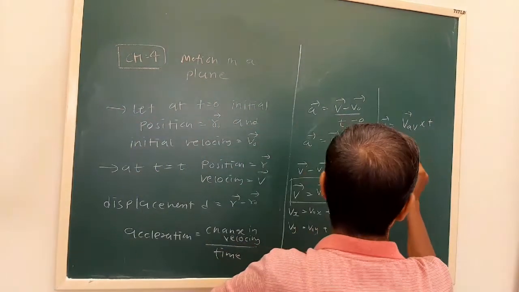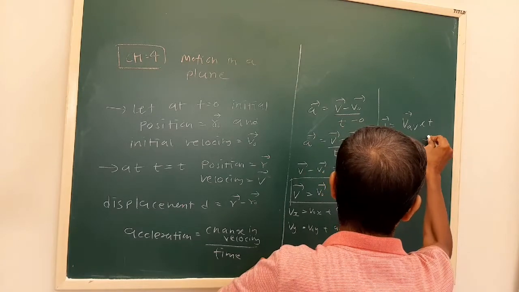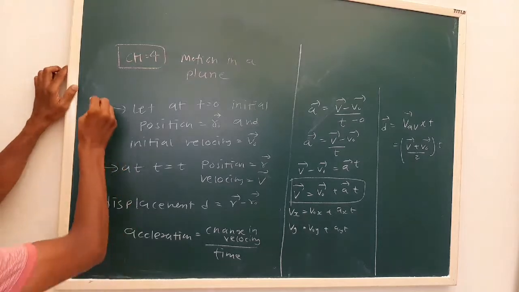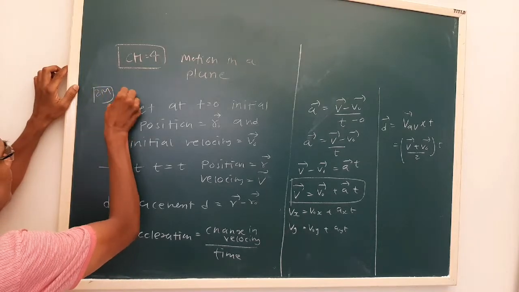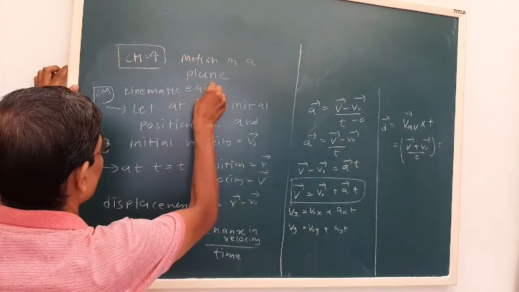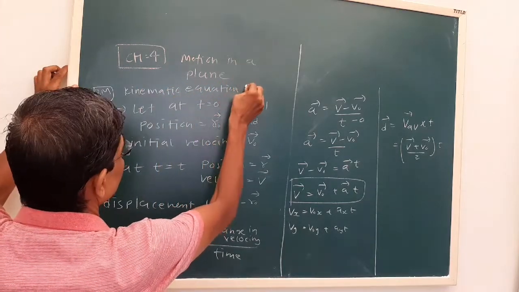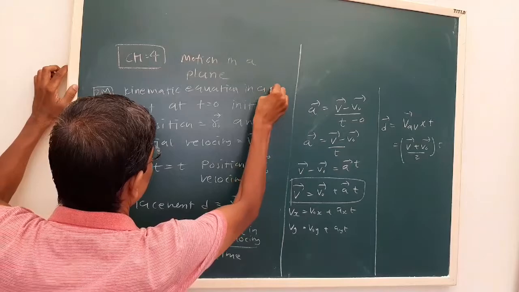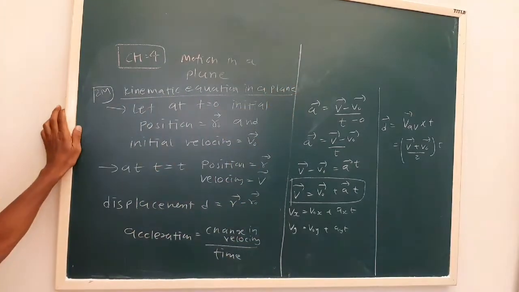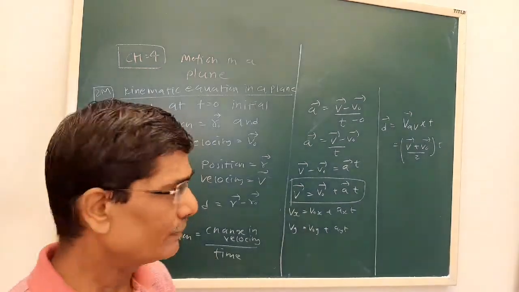So average velocity will be v plus v0 by 2. Here what is our question? Kinematic equation in a plane. That is a uniformly accelerated motion in two dimensions.